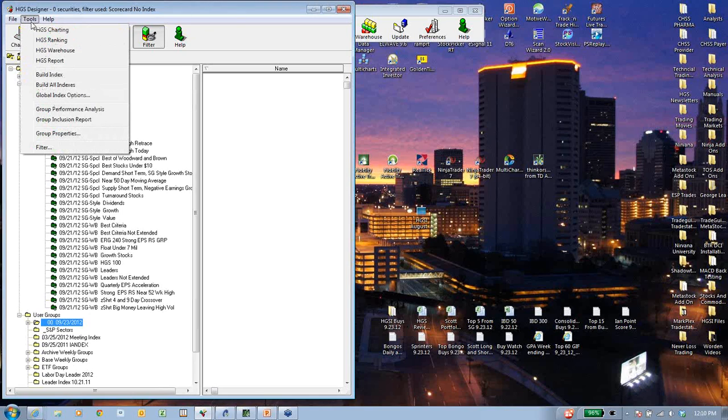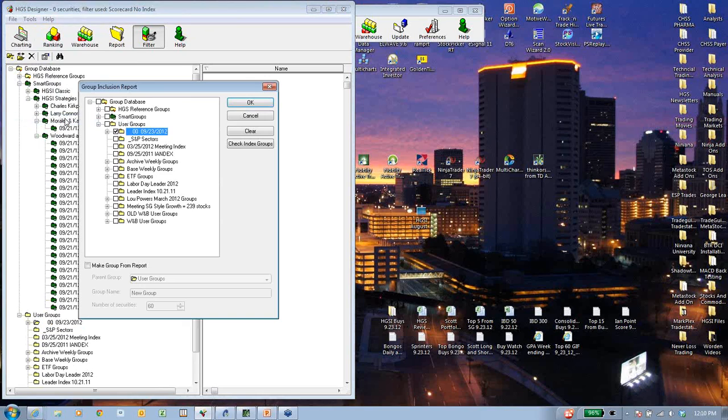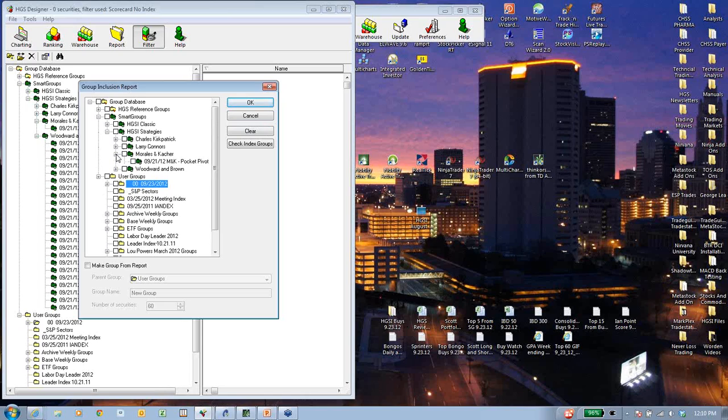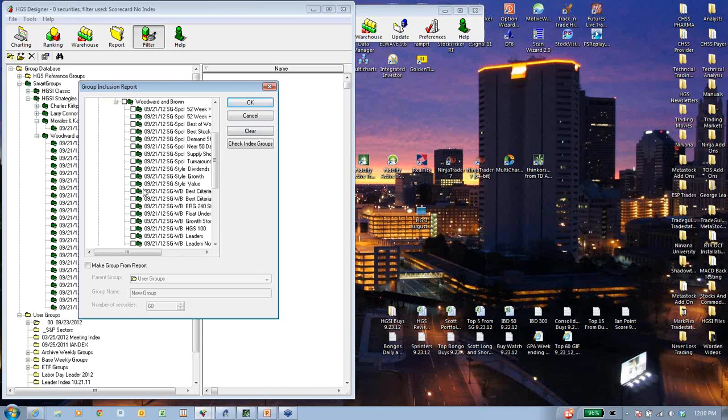So I go to Tools, Group Inclusion Report, Clear, open up Smart Groups, HSI Strategy. So I like Pocket Pivots. And then I like, say, Best Criteria, ERG 240, Growth, HGS 100 Leaders, Quarterly EPS Acceleration, and Relative Strength and Strong EPS near 42-week high.